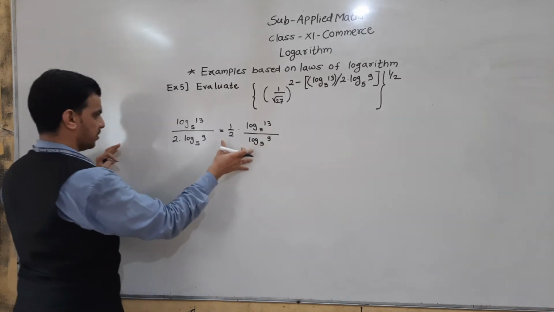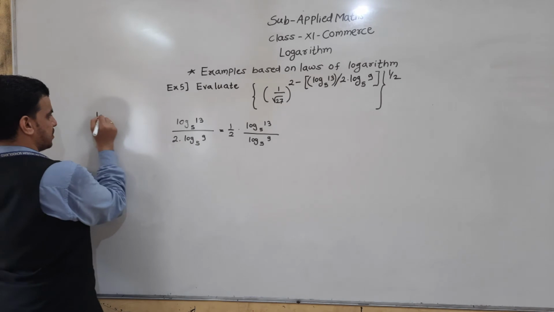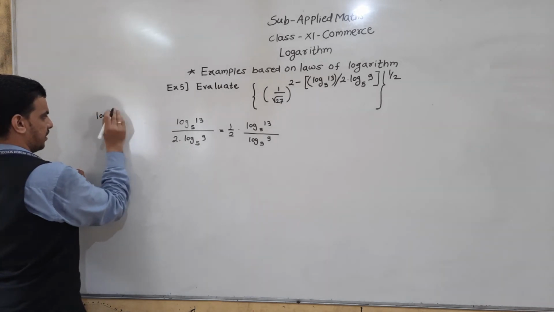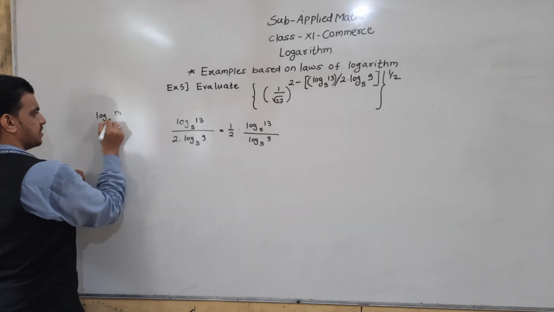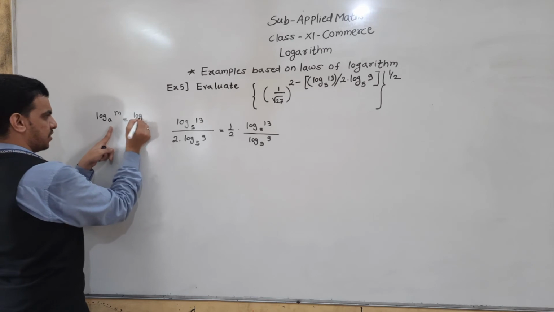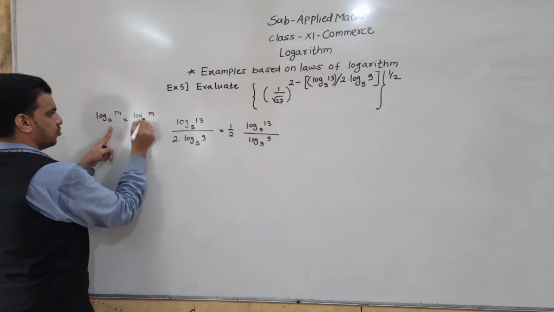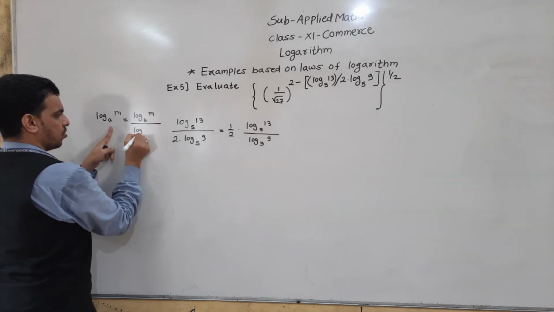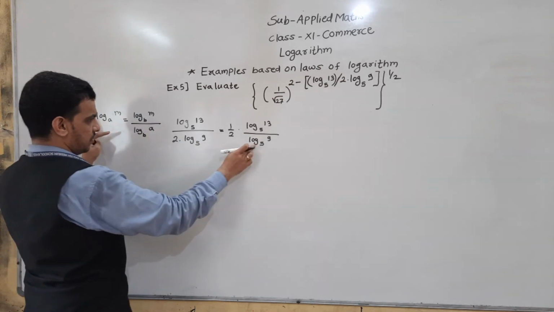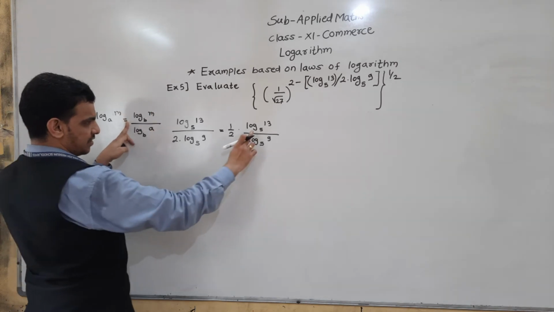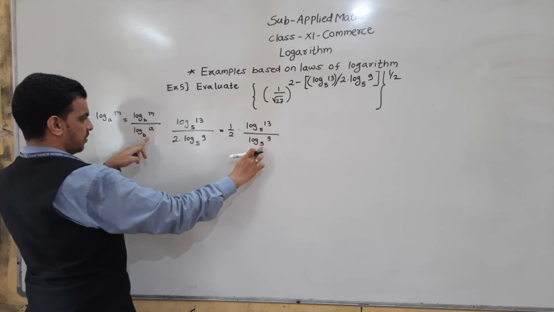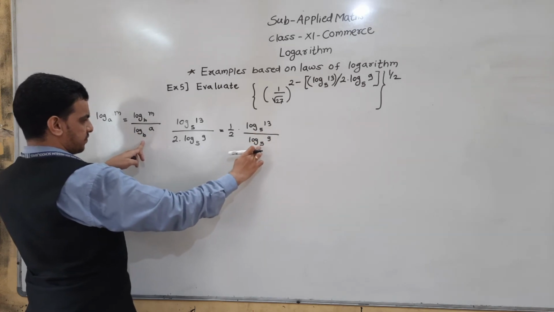Okay, now we have one law, that is the base changing theorem. If log of m to the base a, and if we have to change to the base b, then we can write it this way: log of m to the base b upon log of a to the base b. So this law we have to use here. Now we have this RHS, that is log of 13 to the base 5 and log of 9 to the base 5.